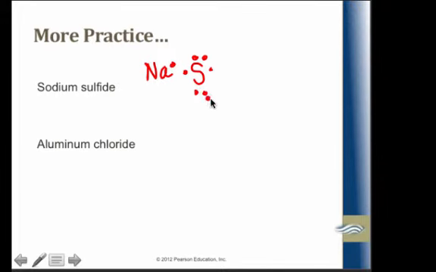Now you could show 3 pairs, but this kind of sets us up to show the obvious. We could now put another sodium here because we see that 1 sodium won't meet the need of the sulfur.